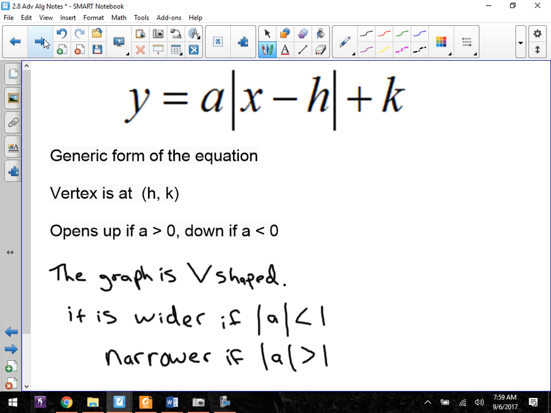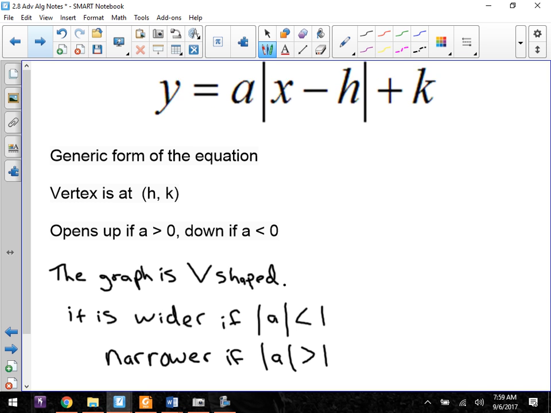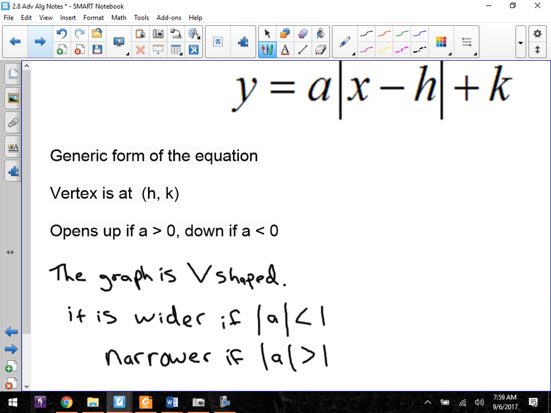So if I have a shifted equation that looks like this, y equals 3 times the absolute value of x minus 2, minus 4, that means I would start that graph at the vertex of 2, negative 4. Okay.